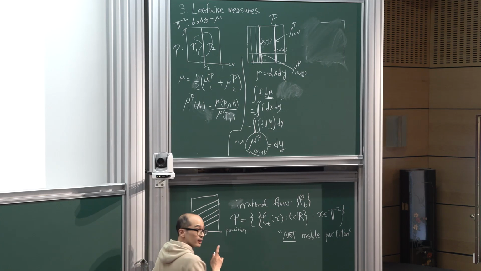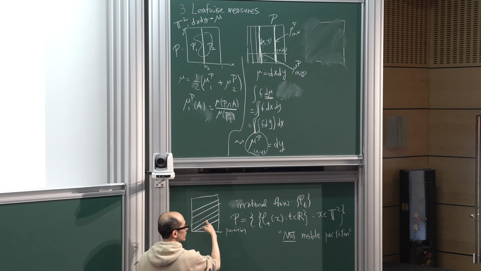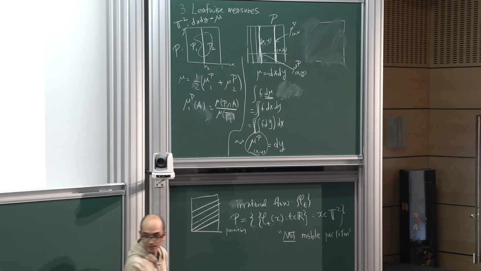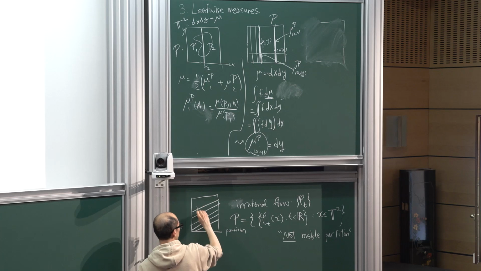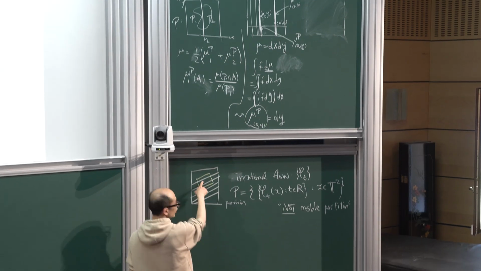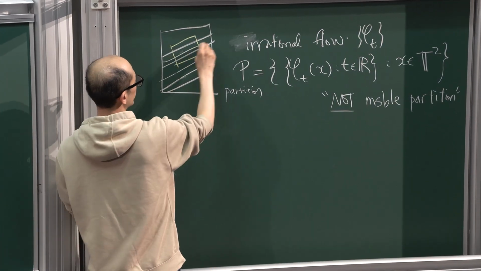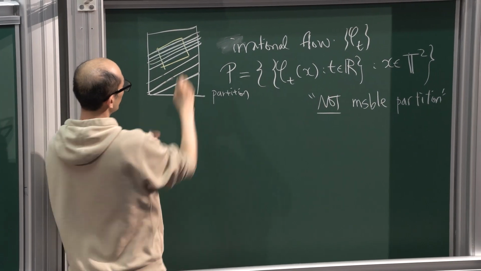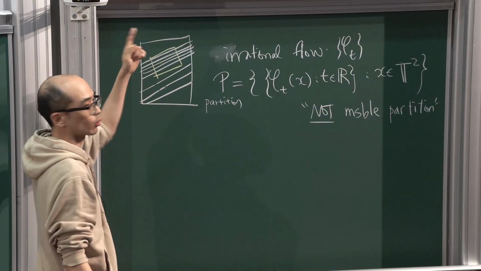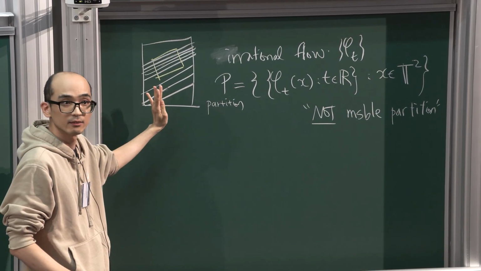So what I want to do instead is this: even though the space of orbits is very bad, if you focus on the small box, then your foliation is very, very nice, right? If you only focus on the yellow box, then your foliation is given by horizontal or vertical lines like this, right?